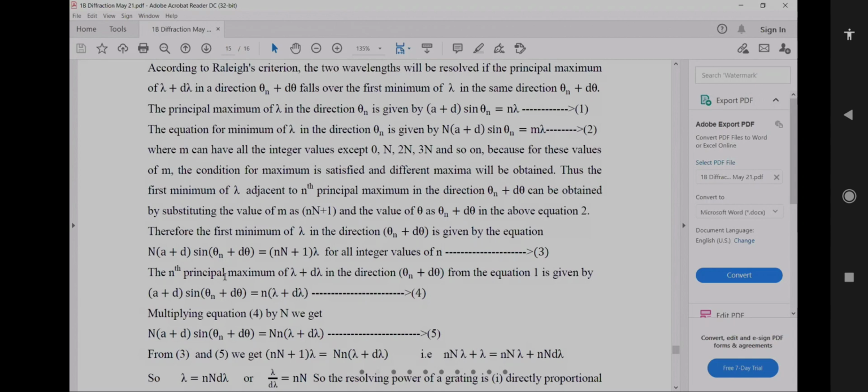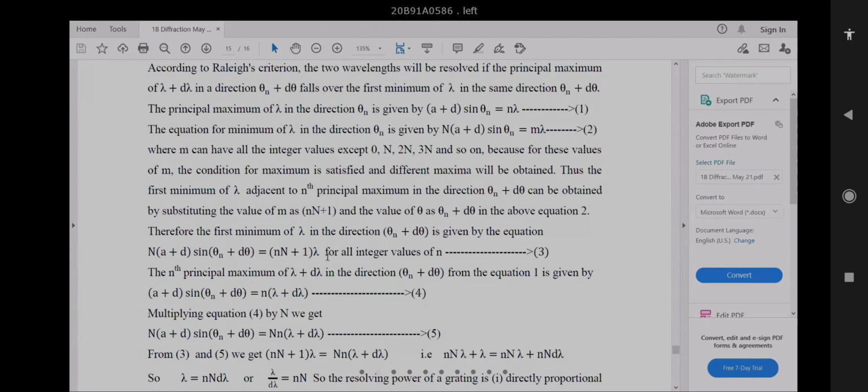So in equation 3 also, N into (a plus d) sin theta n, here theta n is replaced by theta n plus d theta, where m can be written as N n plus 1 into lambda.